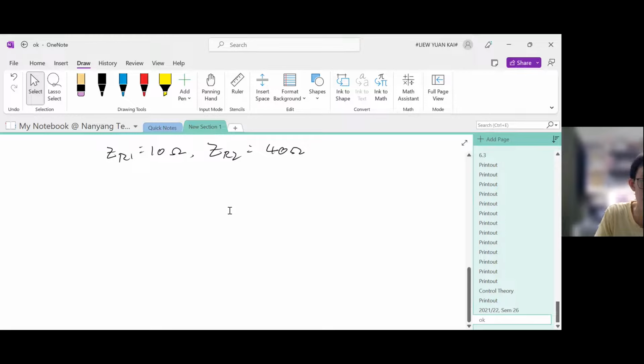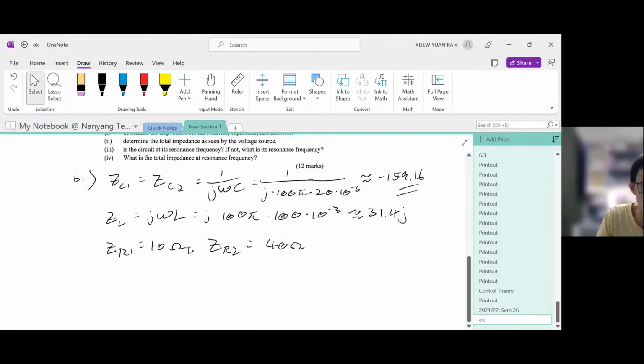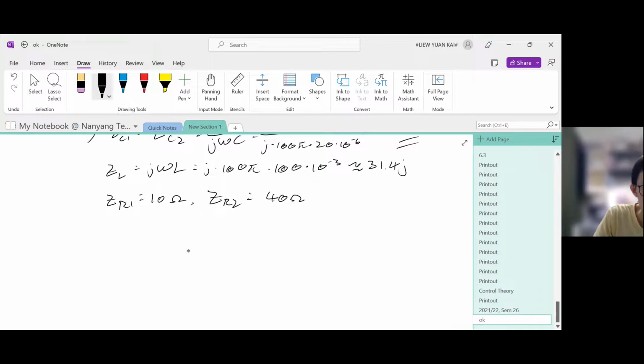Since they're all parallel, we have to use the parallel formula. This is question 2. So with that, 1 over ZA is equal to 1 over ZC1 plus 1 over ZL plus 1 over ZC2.